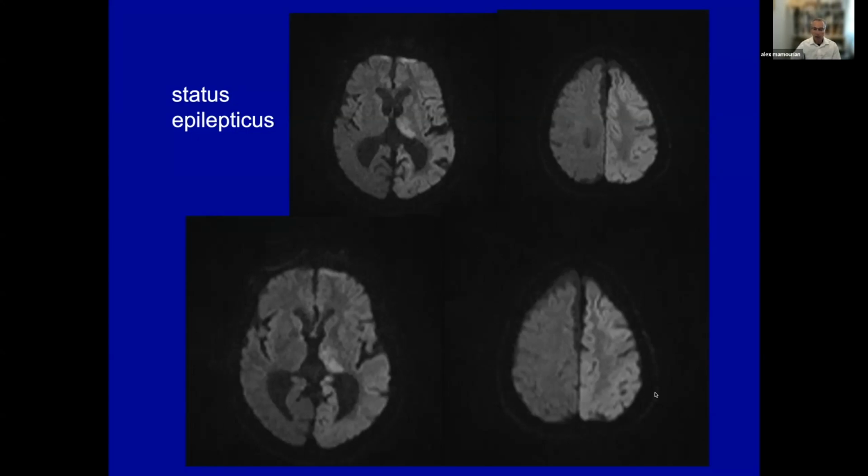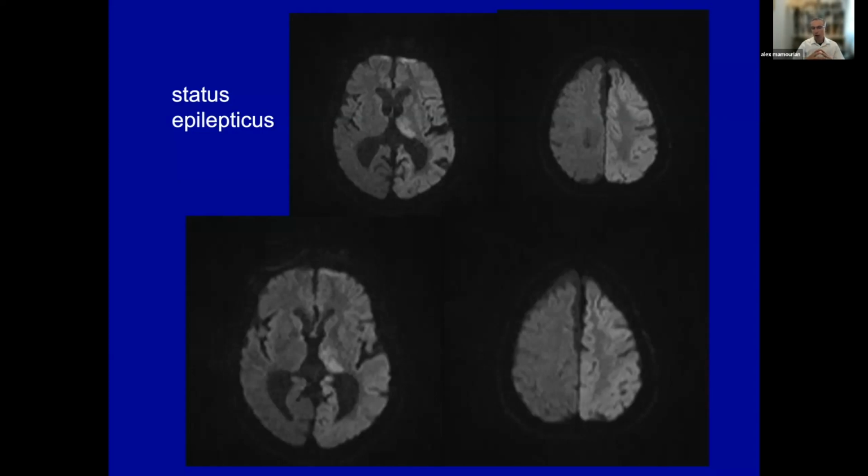So this phenomenon of signal abnormality as a result of seizures is important. While this could be the source of seizures, perhaps it's a less extensive involvement and maybe you're thinking it was a stroke that led to the seizures, but don't mix it up, like the chicken and the egg.